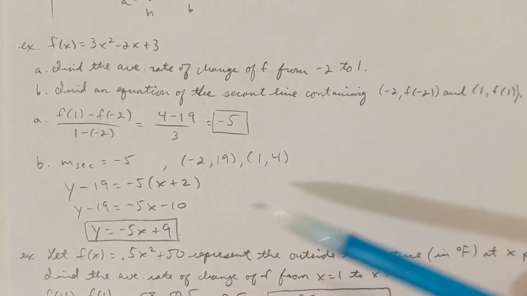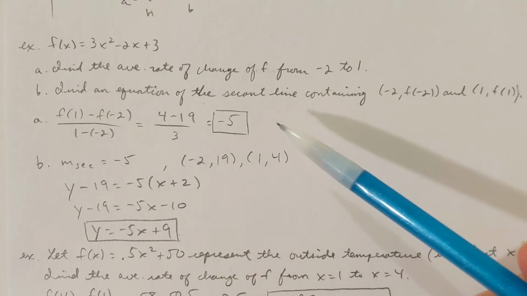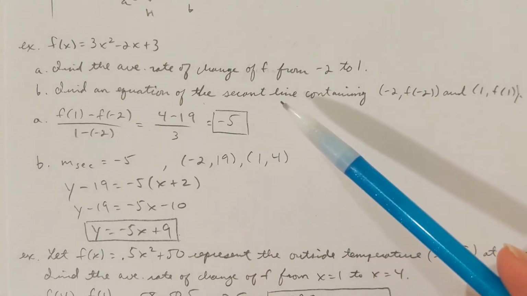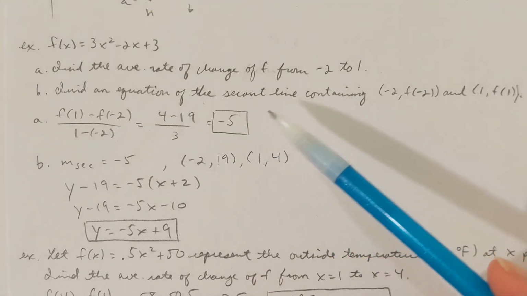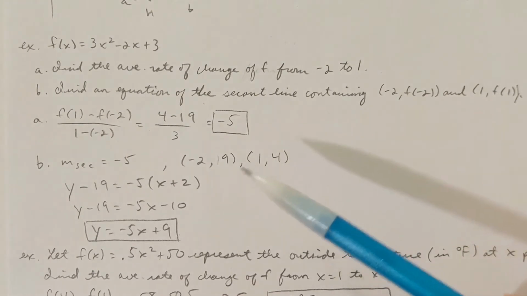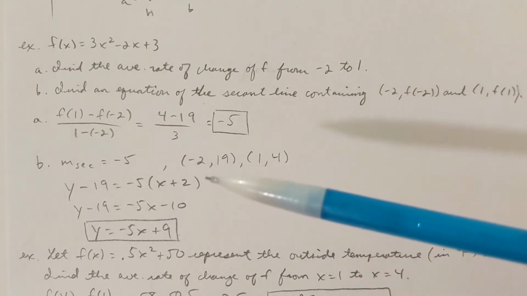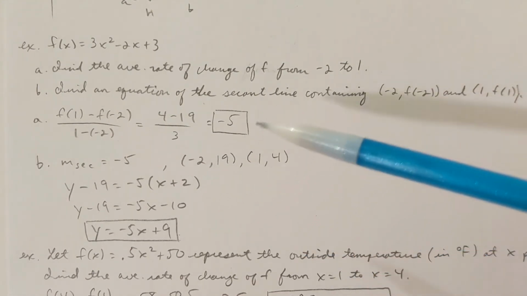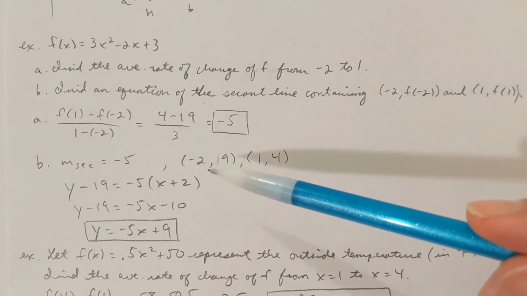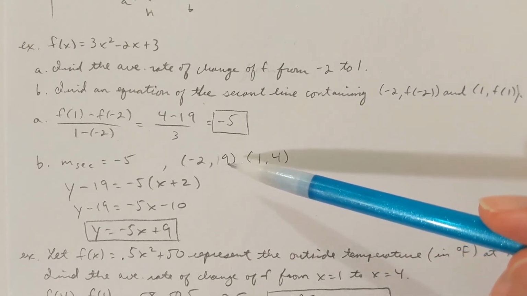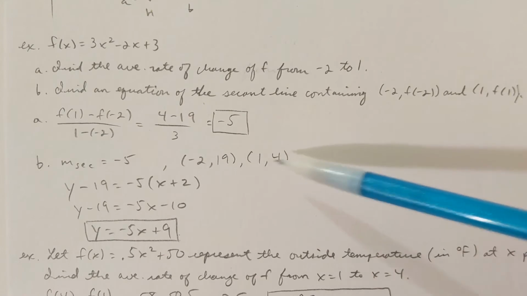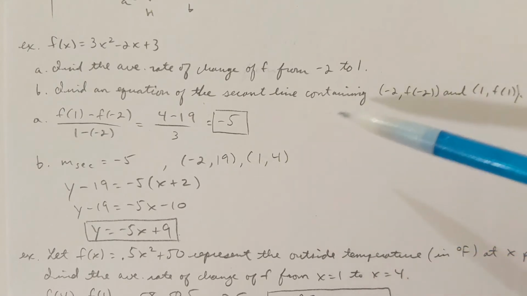Now suppose I want to take this a step further and find the equation of the secant line. Well, if I know the slope, negative 5, and I know the points it goes through, negative 2, 19 and 1, 4, both those are points on the line.